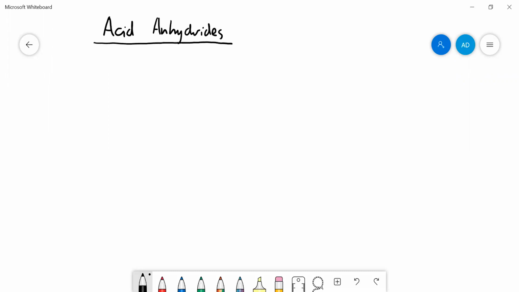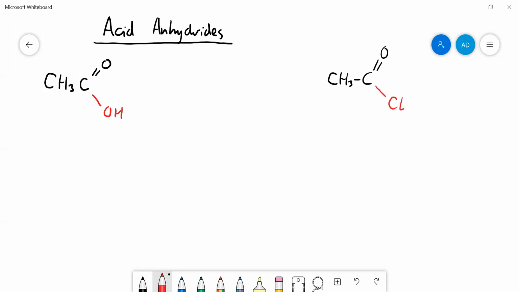Okay, so I'll draw this. This would be ethanoic acid. So it's got an OH group stuck to it there. We've already come across ethanoyl chloride, the acid chloride version of that. So it's ethanoyl chloride.